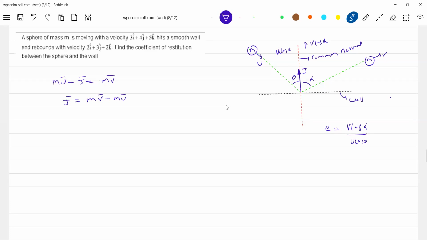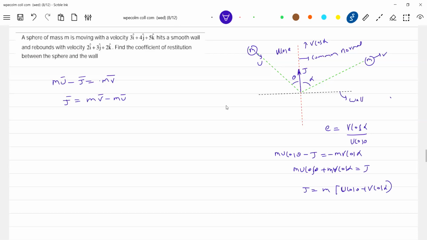Then how do we define impulse? mu cos theta minus j equals minus mv cos alpha. So j is equal to m(u cos theta plus v cos alpha). What we needed was v cos alpha.